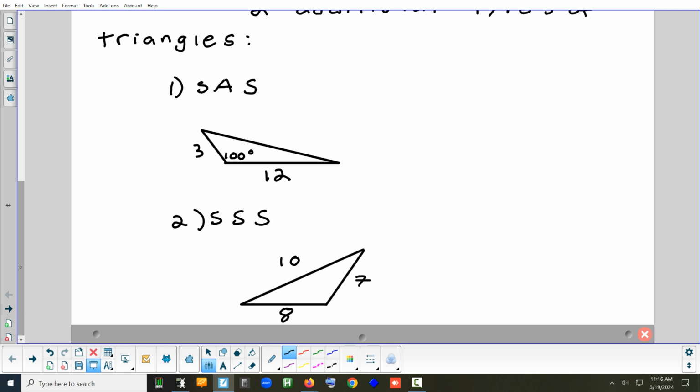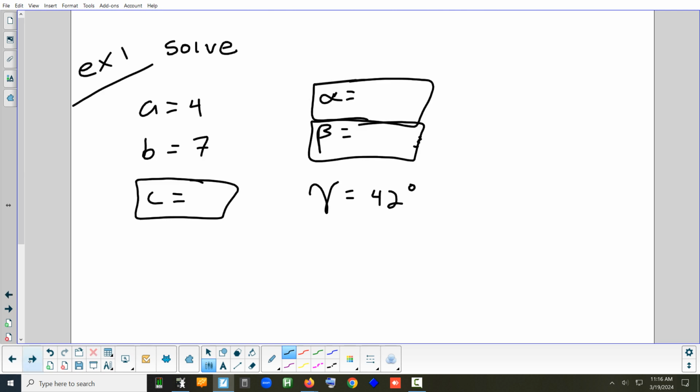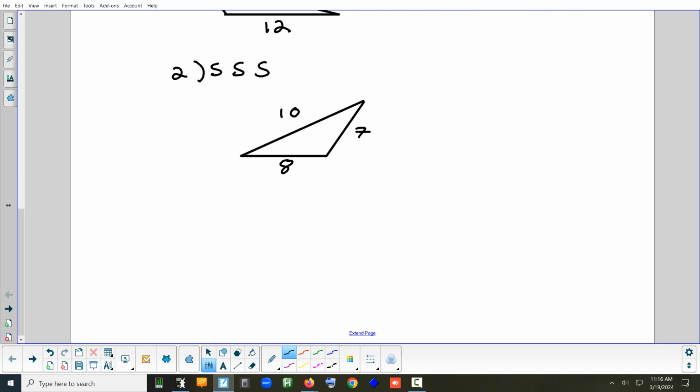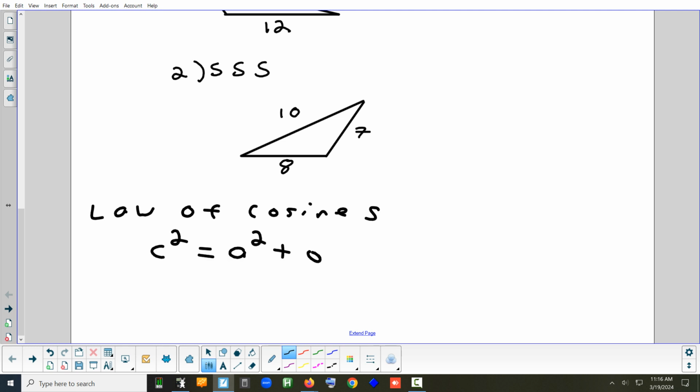We don't go through the proof of the law of cosines, but I think you'll recognize part of the formula. It's something you've seen before. Let me write down the law of cosines. It's c squared equals a squared plus b squared.